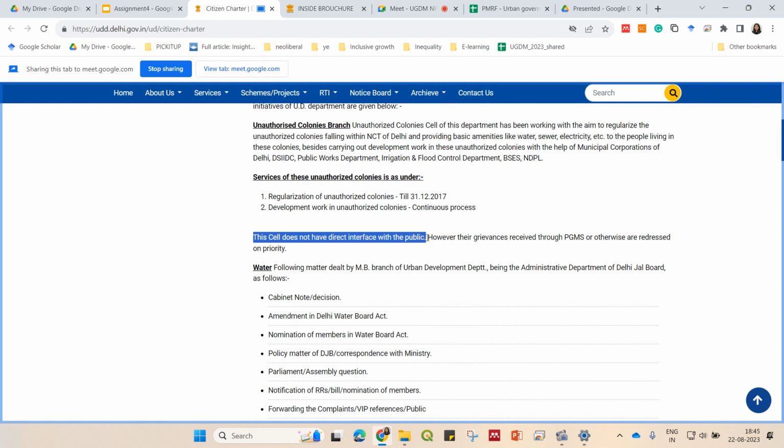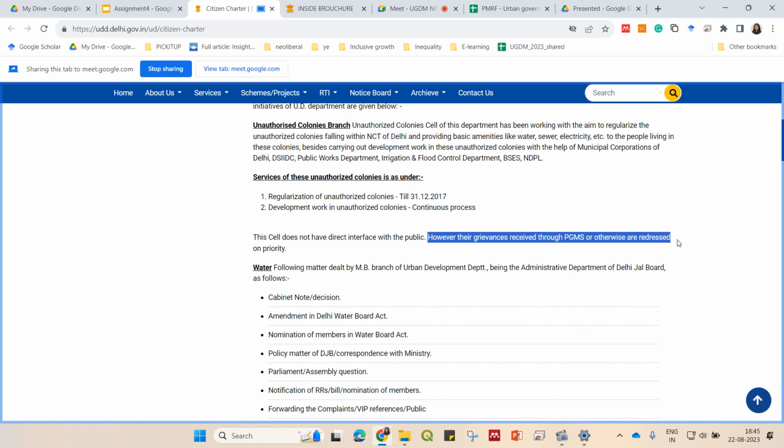But then they have mentioned how the public can express their grievances, or make their grievances known to them for redressal. So they have written that, however, their grievances received through the PGMS or otherwise are redressed on priority.